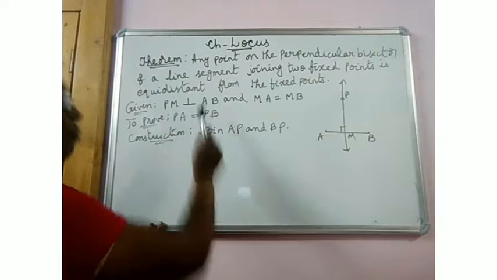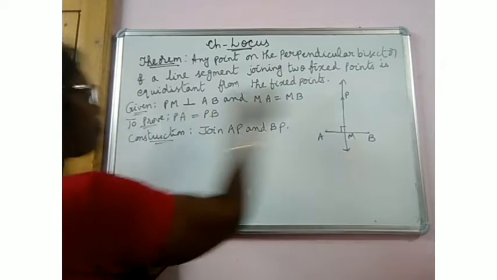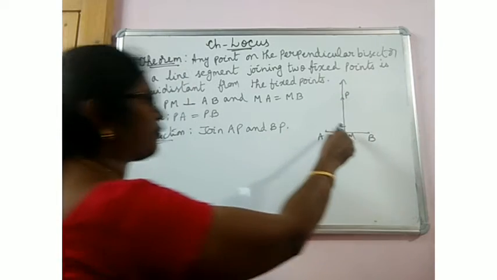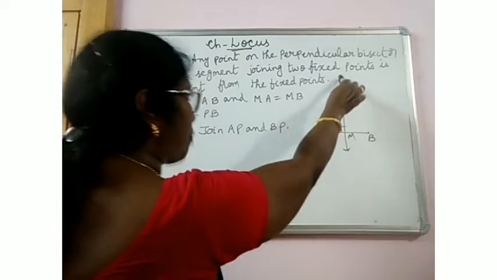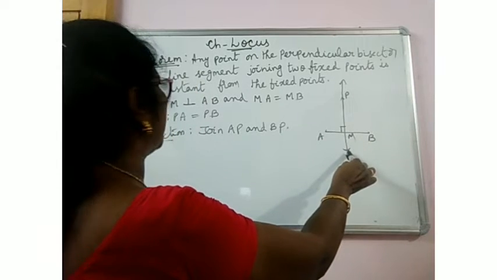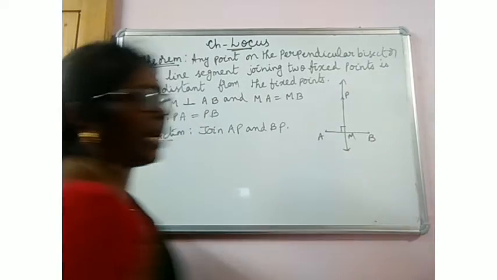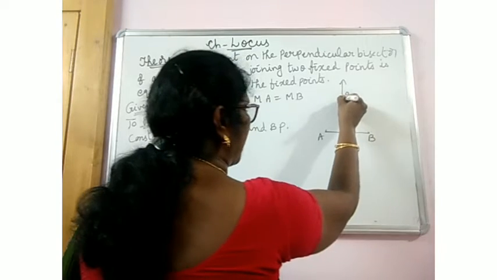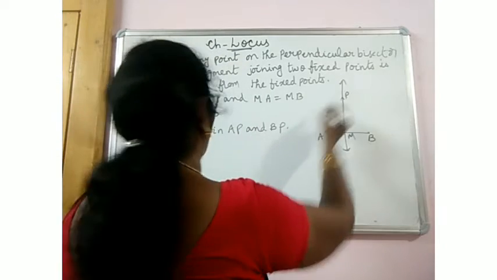Point P, or any other point you take on this perpendicular bisector, is equidistant from these two fixed points; we have to prove this. Let us see how to prove it.